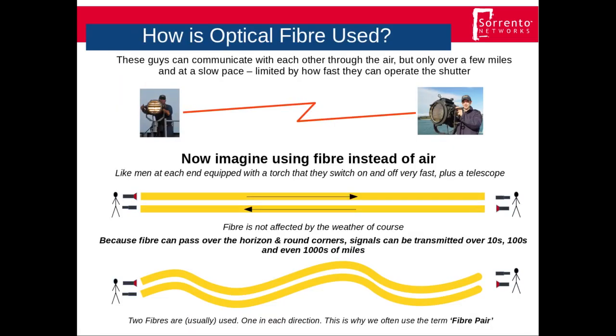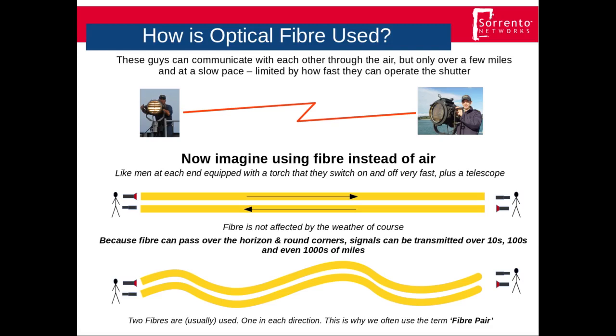Now how does that work in the present day? The introduction of optical fibre meant that the signalling light could be compelled to go within a fibre, and we normally use one fibre in each direction. It's like the guys, instead of having an Aldis lamp, had a torch and a telescope with which to signal down the fibre to each other.